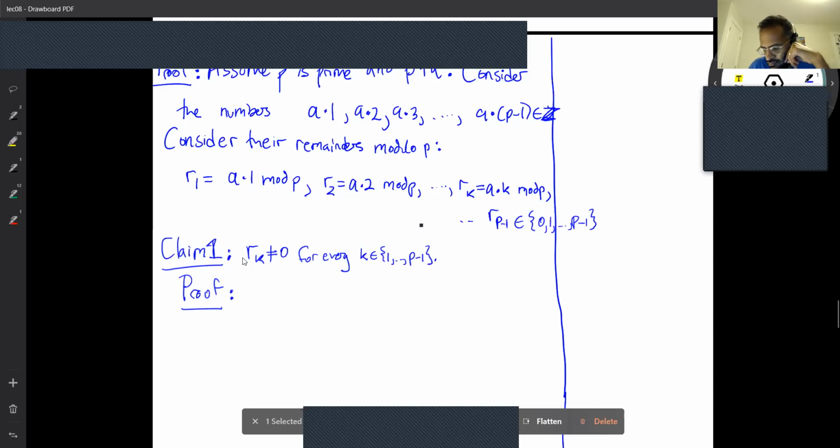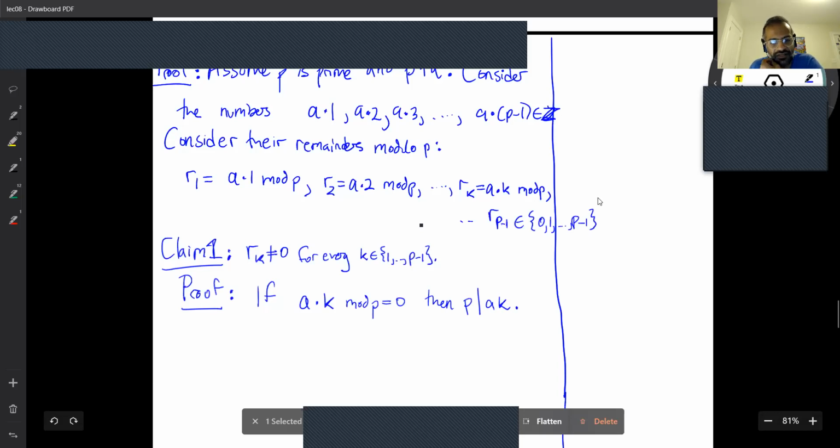Well, let's assume for contradiction that it is 0. So if A times K mod P is 0, then P divides A times K. Okay, what should I do next?